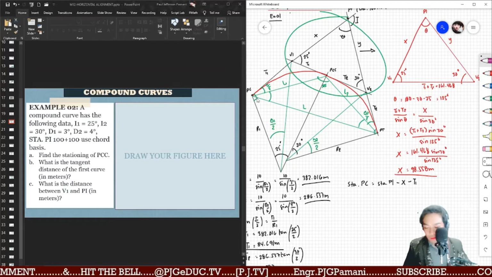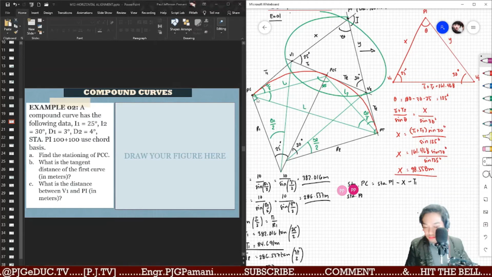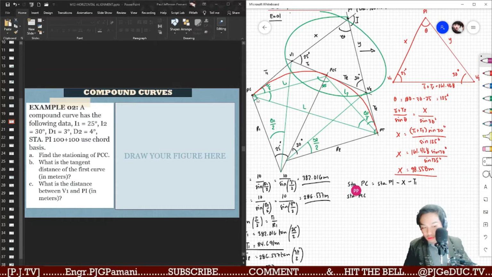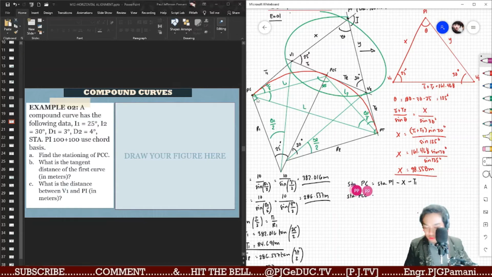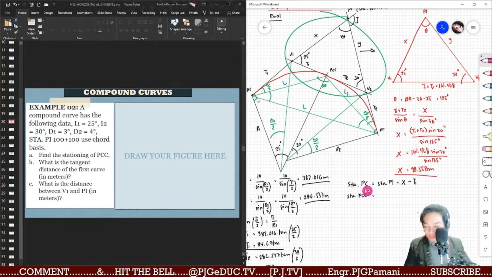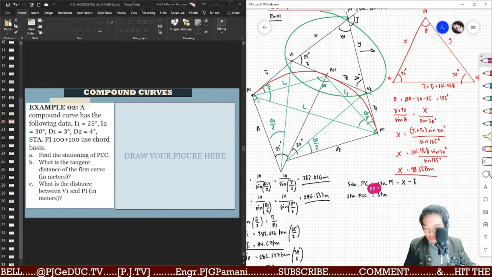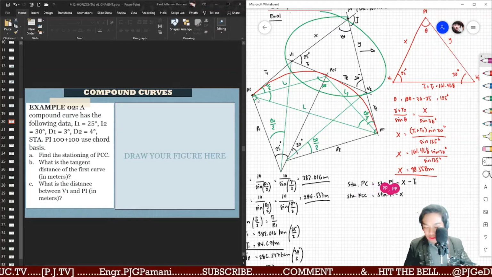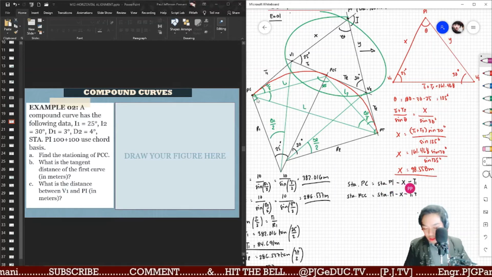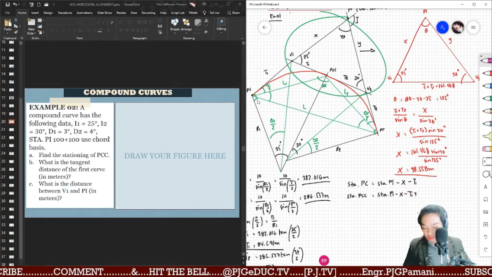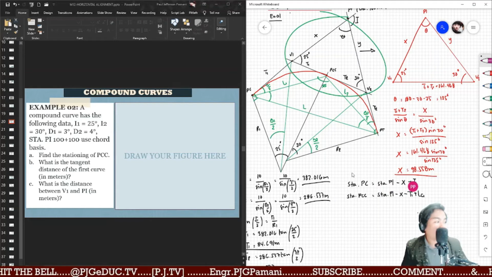Or para mas mabilis na, station PCC is equal to station PI minus X minus T1 plus the arc length of the first curve, LC1.